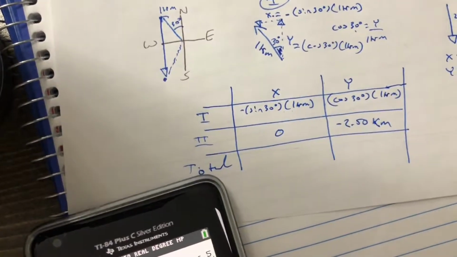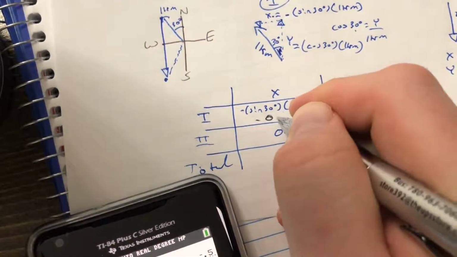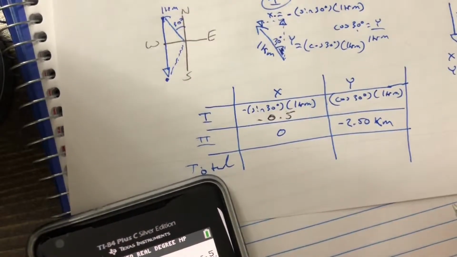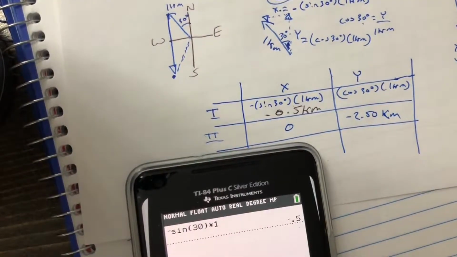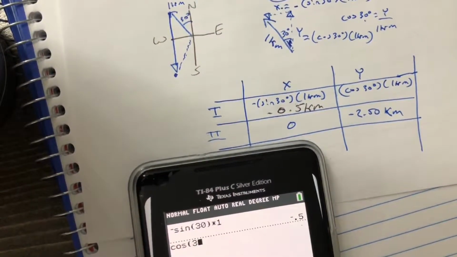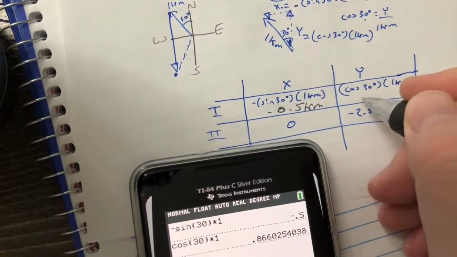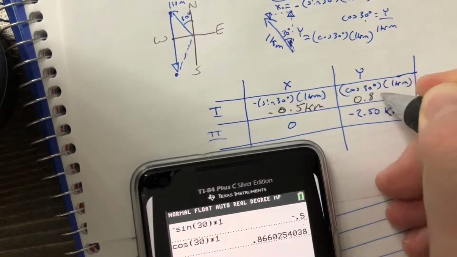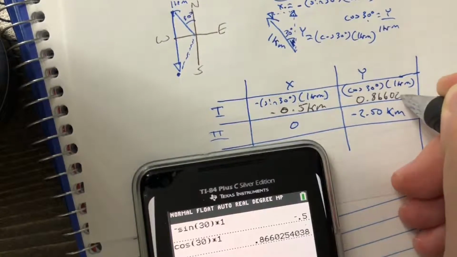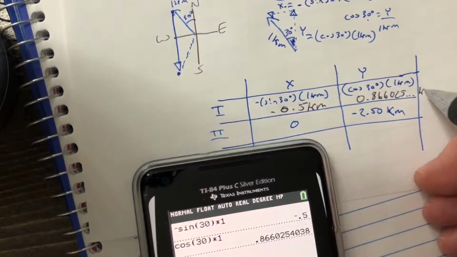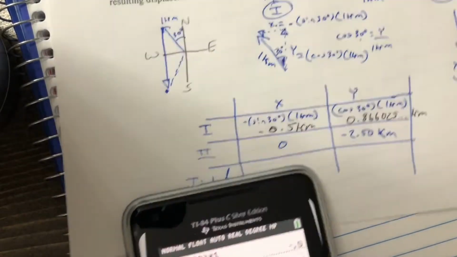So that's negative 0.5 kilometers. And for the other one, it's cosine of 30 times 1, which is 0.866025 kilometers.